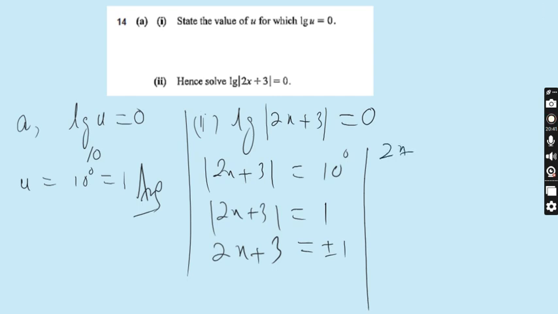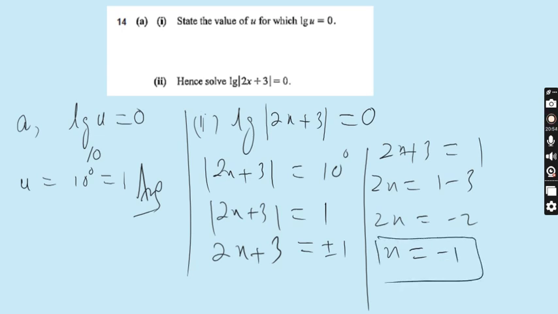So first 2x plus 3 is equal to 1. 2x is equal to 1 minus 3. 2x is equal to negative 2. x is equal to negative 1. So the first value is x is equal to negative 1.